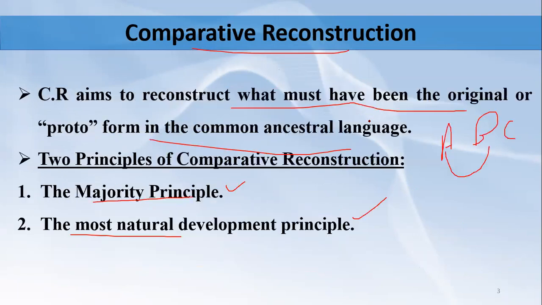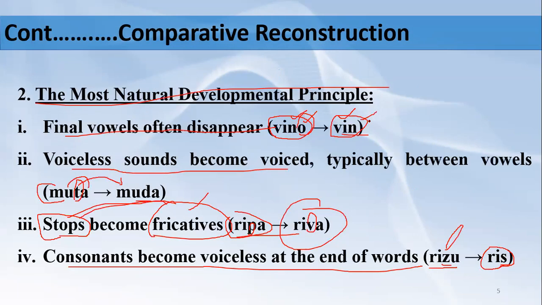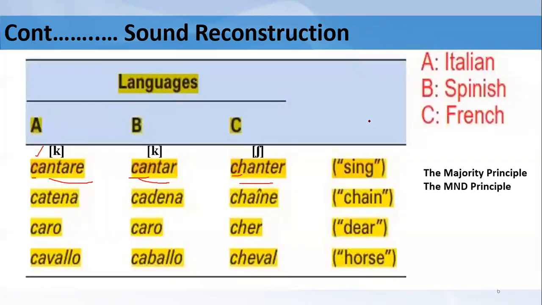So we have got two principles in comparative reconstruction. The first one is the majority principle, and the second one is the most natural developmental principle. Now, let's go for some examples and find out how sounds are reconstructed with the help of these principles. Sound reconstruction means, look at these three words.